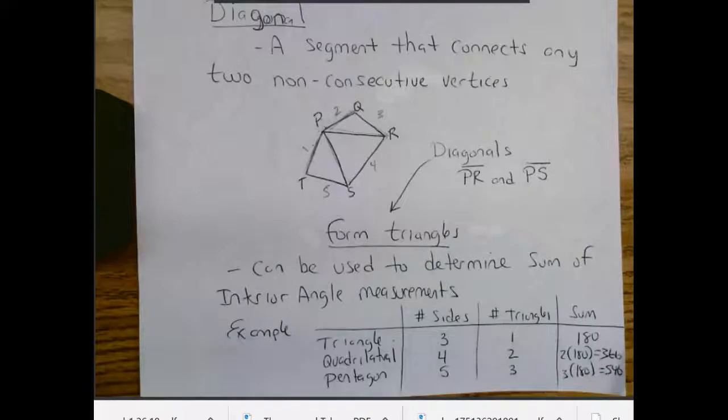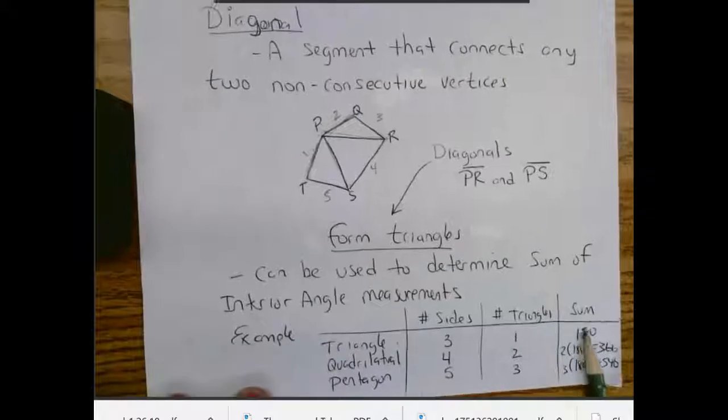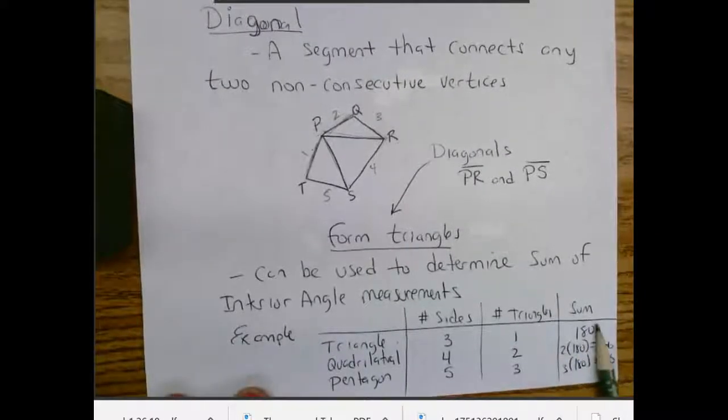If you have a triangle, it has 3 sides, and that triangle is composed of one triangle. And we should know that the total angles within there equal 180 degrees.